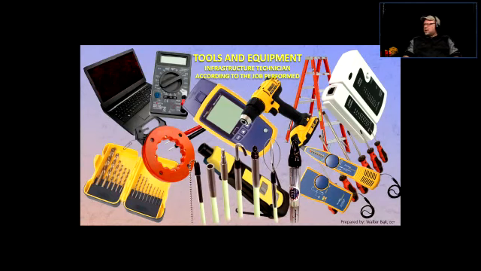Now, as far as the tools, very rarely are you going to spend maybe $20,000, $25,000, $30,000 to get all the equipment at once. So start small, go on with the basics, and one by one you're going to be adding. Maybe next year you're going to get a new drill.